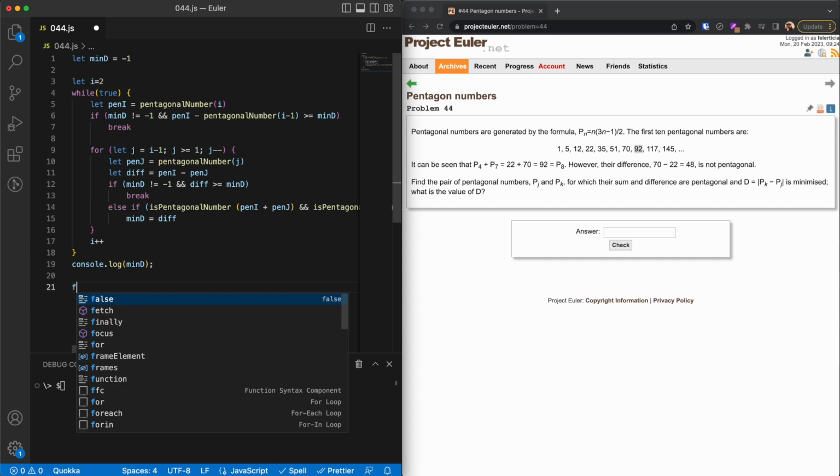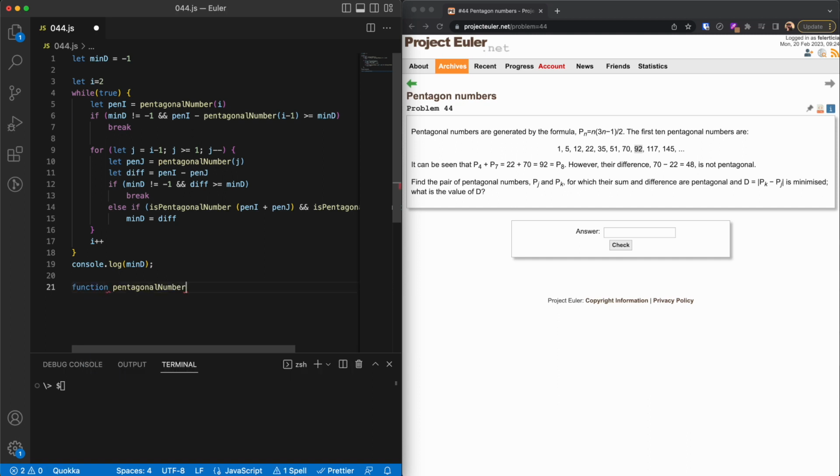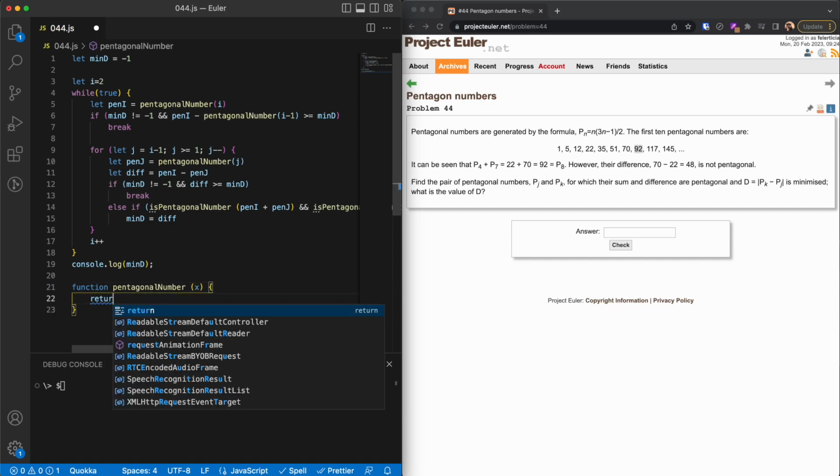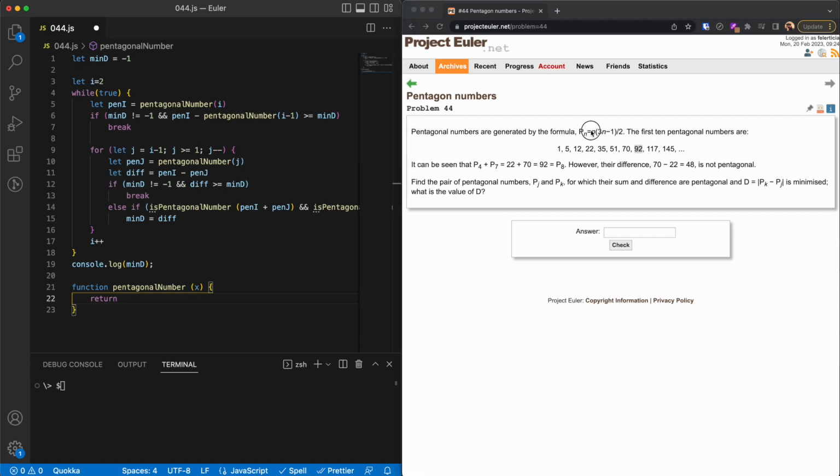So I would say function this, it takes an index like so, and it would just return this value that we have here, x times (x times 3 minus 1) divided by 2.